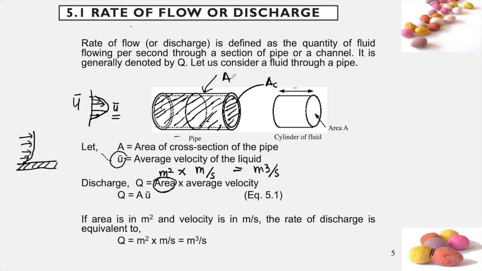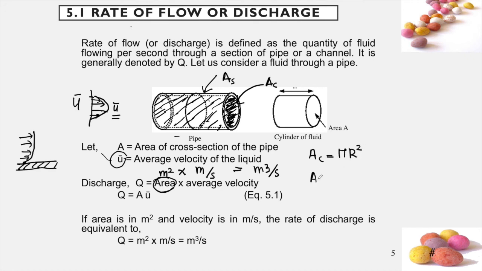This is A_S, the surface area. We are dealing with the cross-sectional area because the fluid only flows through the pipe. As I mentioned before, the cross-sectional area is pi r squared.